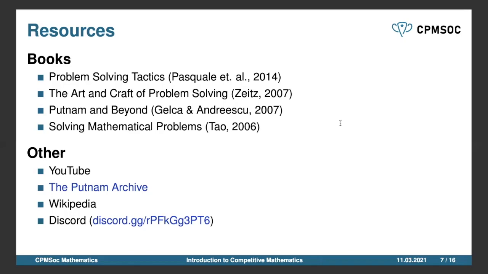You can also use YouTube videos if you want to have a more passive way of taking in math content. There's a few channels out there like Michael Penn, 3Blue1Brown, Black Pen, Red Pen. If you just Google math on YouTube, you should be able to come up with something, especially if it's on a particular topic. Wikipedia is very formal, generally.